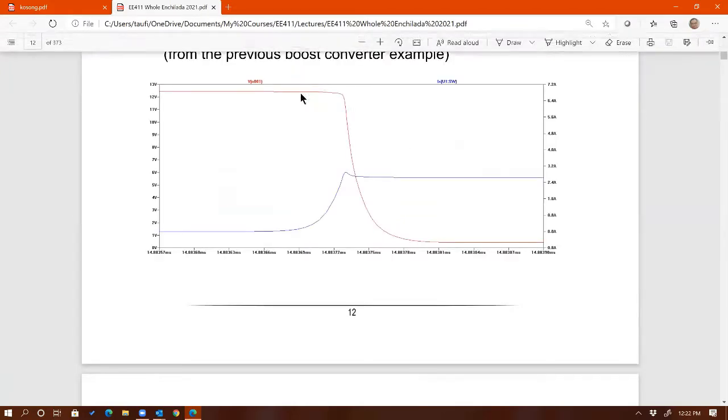Okay, this is turning on. Blue is current, red is voltage. When I zoom in, clearly you can see the overlap. It takes time for these MOSFETs, and again, this is coming from the 1070 chip.